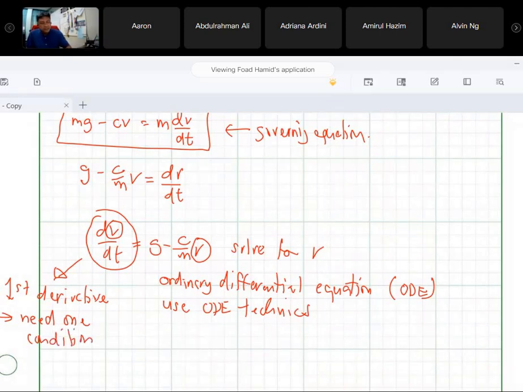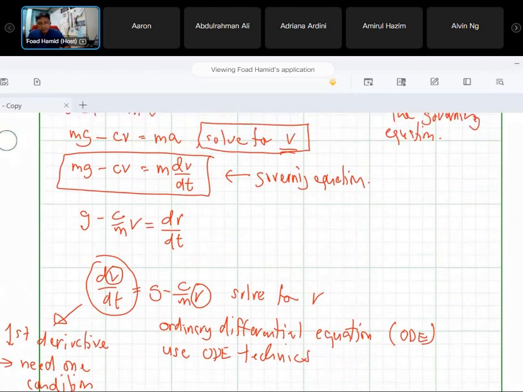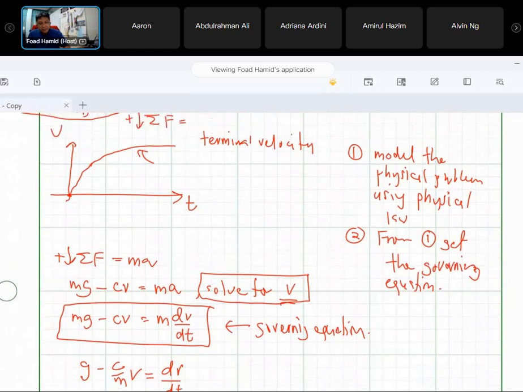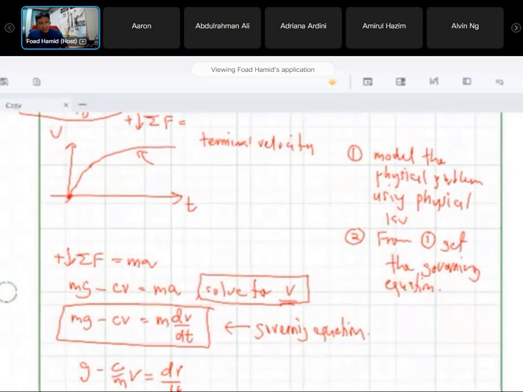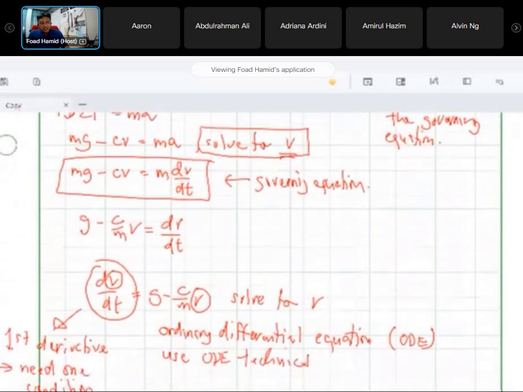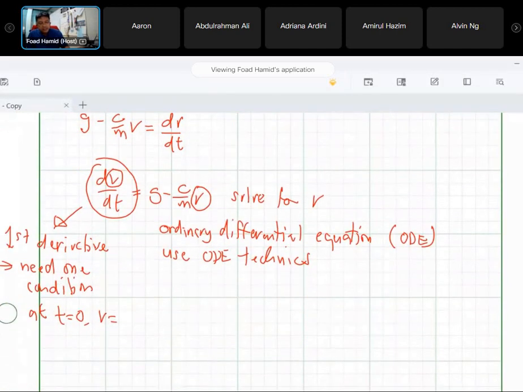So the condition in this case is that at time 0, what is the velocity? 0. Because remember, this is t0, right? You haven't jumped from the airplane yet. So this is the boundary. Sorry, this is the initial condition. This is what we call the initial condition.